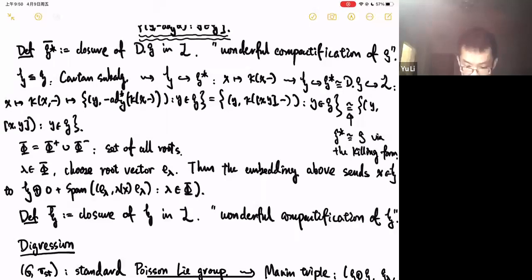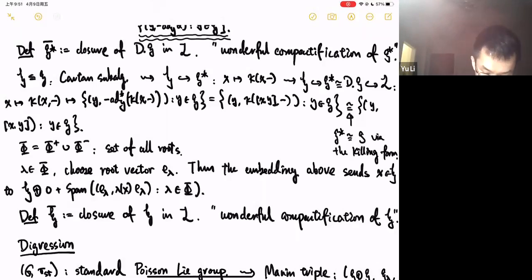And this is called the wonderful compactification of G star. All right, the geometry of this G star bar is still quite mysterious. We don't understand much about it at this point. But what we do understand quite a lot about is the following.